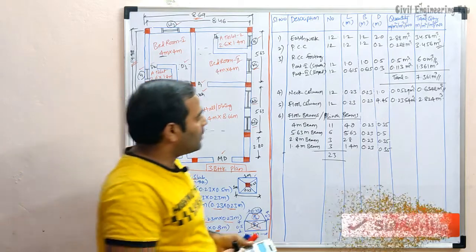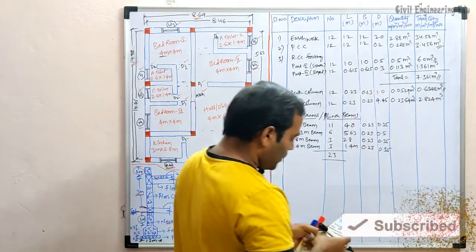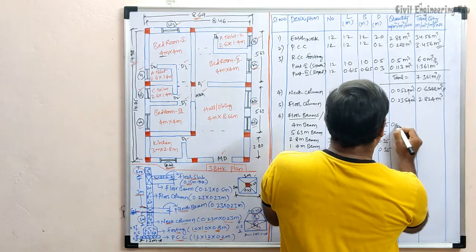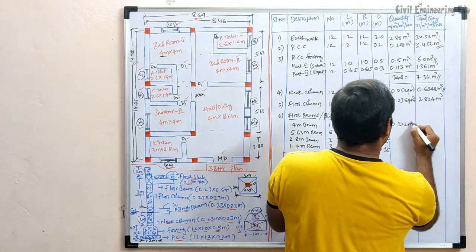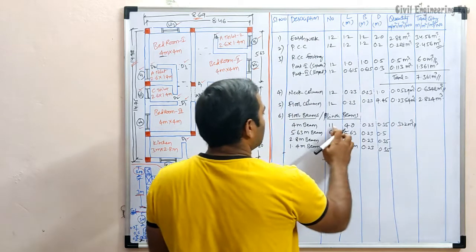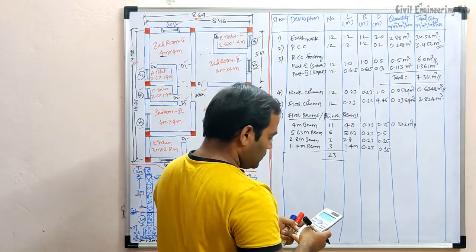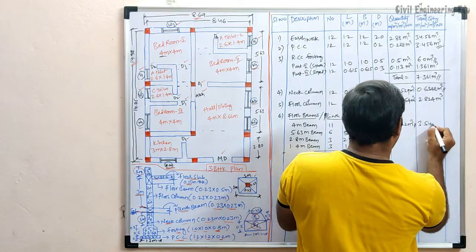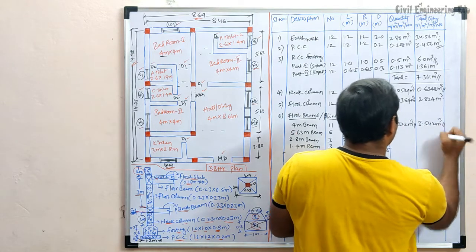Now what is our quantity? 4 meters into 0.23 into 0.35 gives 0.322 meter cube, into a total of 11 beams, 3.542 meter cube.